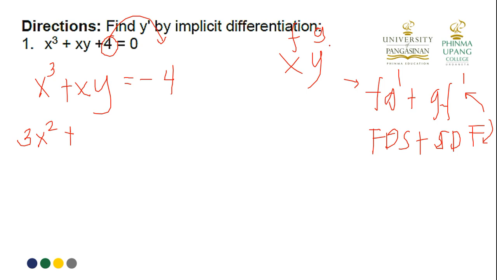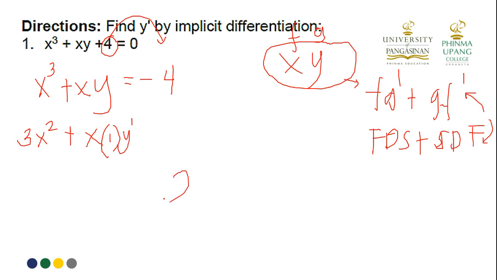Okay? Since nagtabi ang variable x and y, so ito yung magiging product rule palagi yan, ha. So magiging 3x squared, then f natin dyan is x, then the derivative of your g is 1. So, we're gonna write 1 here. Kasi y eh. Y yun eh. Imaginary 1. Then, every time na magdaderivative ka ng y, palagi siyang may partner na y prime.